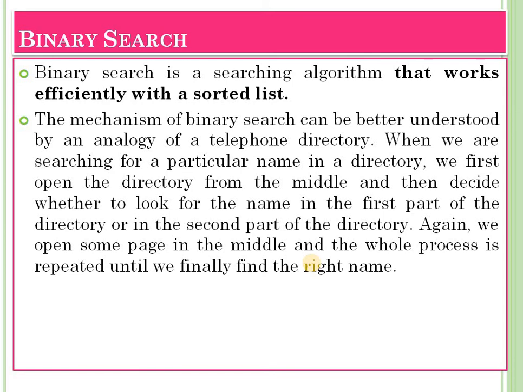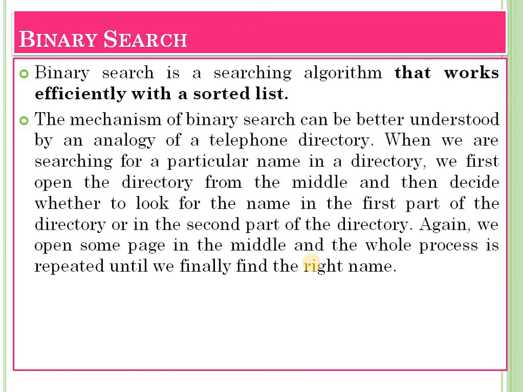Here we say that for binary search we are considering the telephone directory, in which a name and telephone number are given. If we have to find any name, we just open the directory and compare our current page to our target.